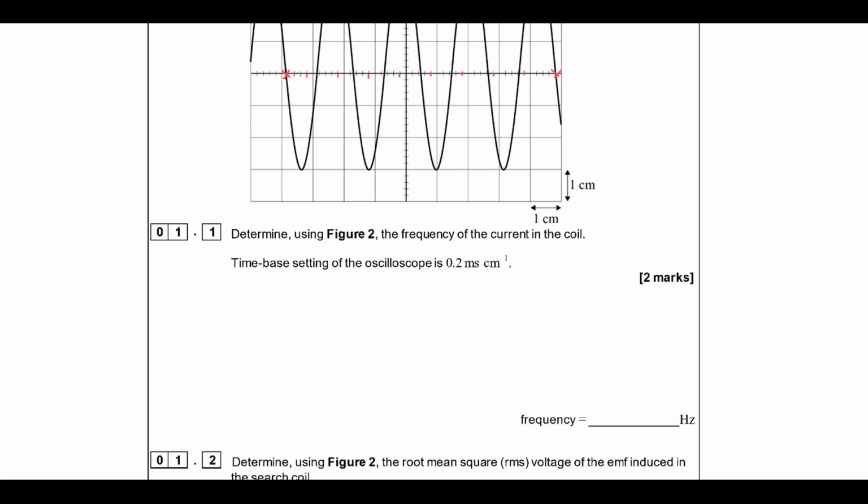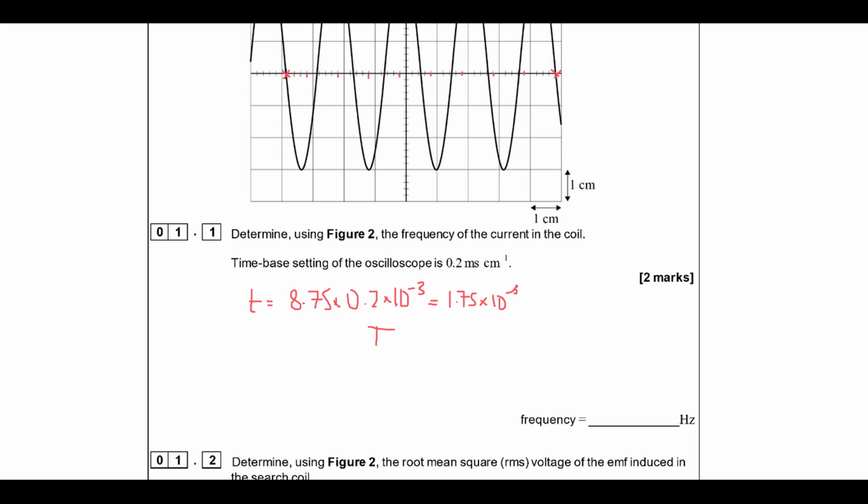So the time measured was 8.75 squares, I reckon, times 0.2 times 10 to the minus 3. So the total time I've measured there is 1.75 times 10 to the minus 3.